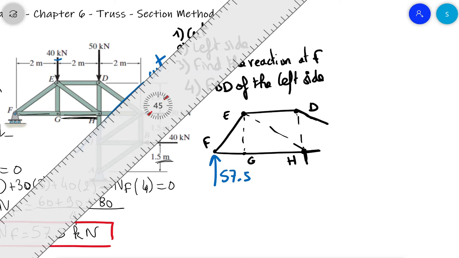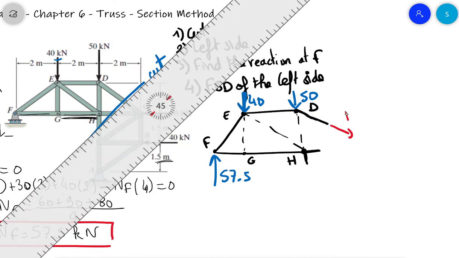So we have the 40, and we have the 50 kilonewton. Here we go. And the unknown forces are this one, FDC, this one, FHC, and this one, FHI.